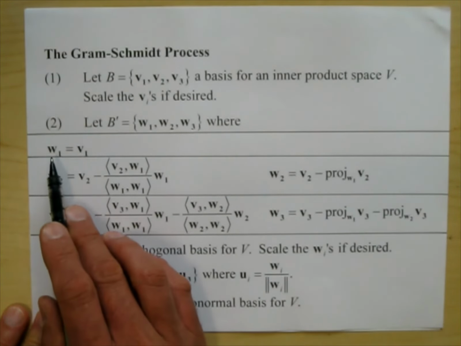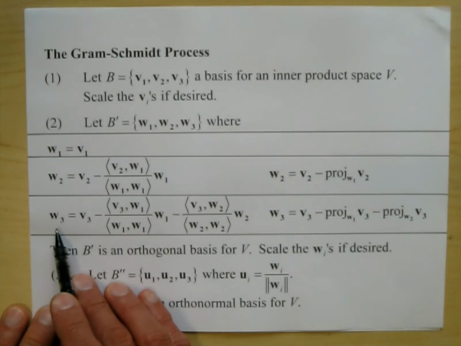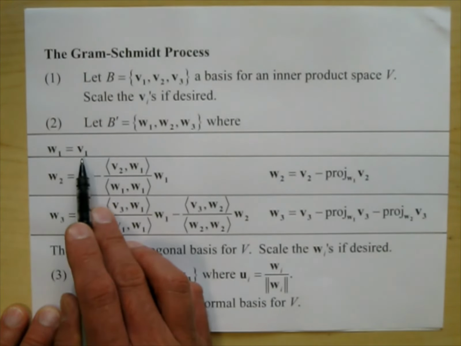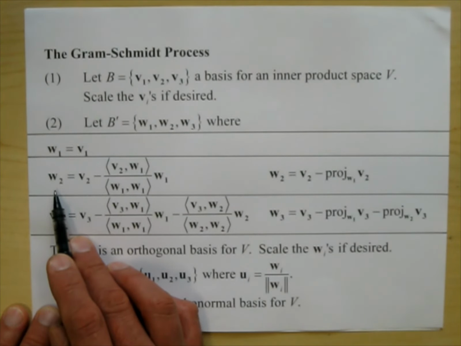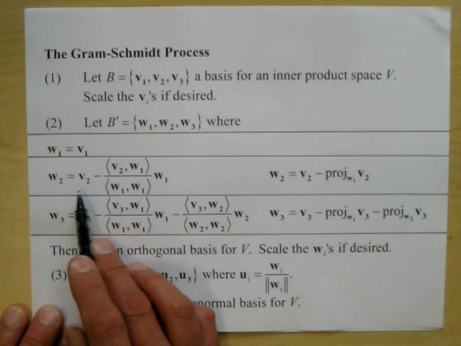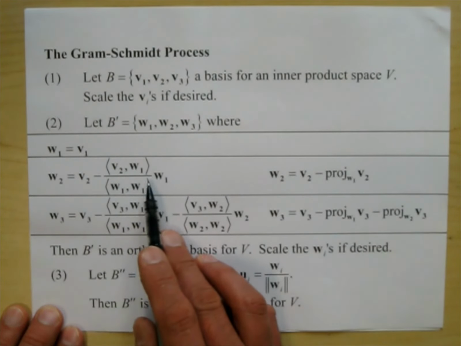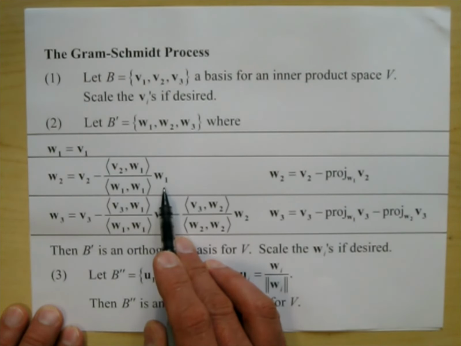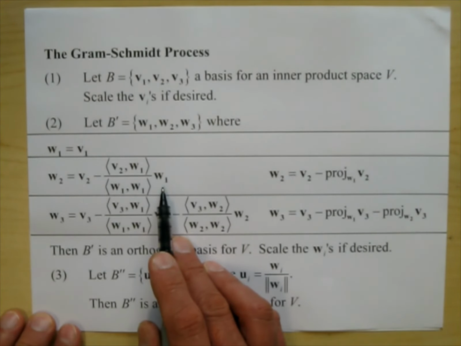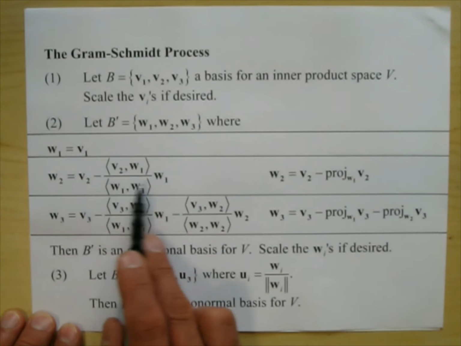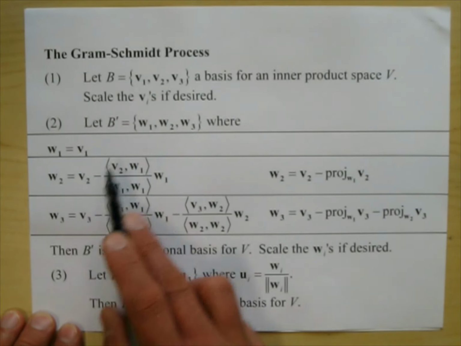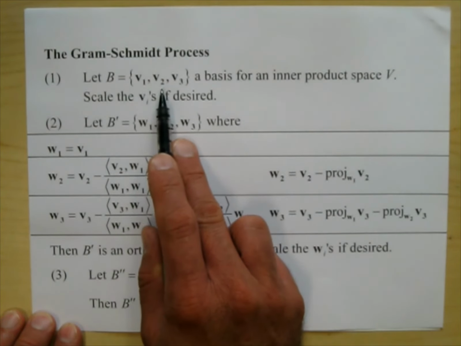But if you look at these three things, W1, W2, and W3, well, W1 is just V1, but W2 is a linear combination of V2 and V1. So obviously it's still going to be in the span of B. So you're just taking a linear combination of two of your basis elements.